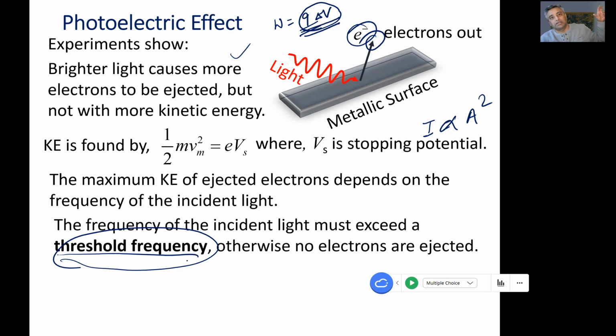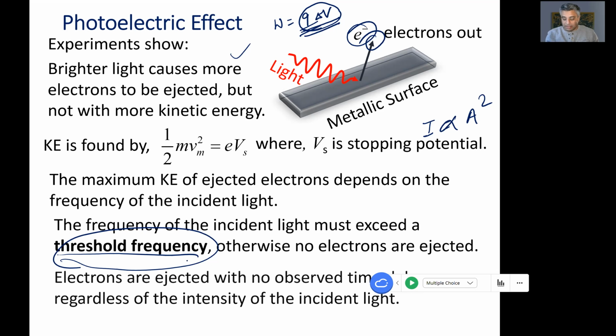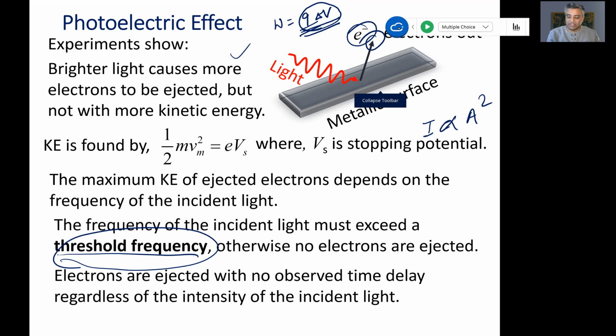If you are shining very bright light, you are bringing a tsunami of light, and you expect a lot of electrons coming out with very high speed, okay? But instead what you get is, yes, a lot of electrons coming out, but not with higher speed. So that was the dilemma, okay? Explaining that was difficult, okay?